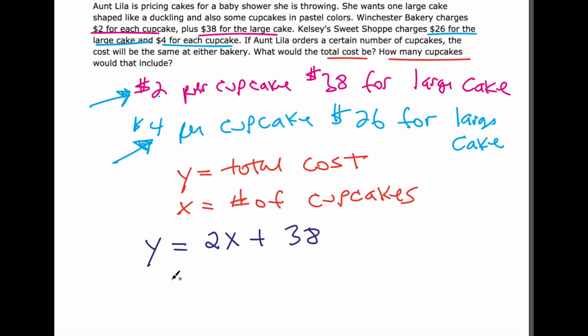Second situation, the total cost, y, is going to be $4 per cupcake, so $4 times x number of cupcakes, the same x because we want both values to be the same, plus the $26 for a large cupcake.